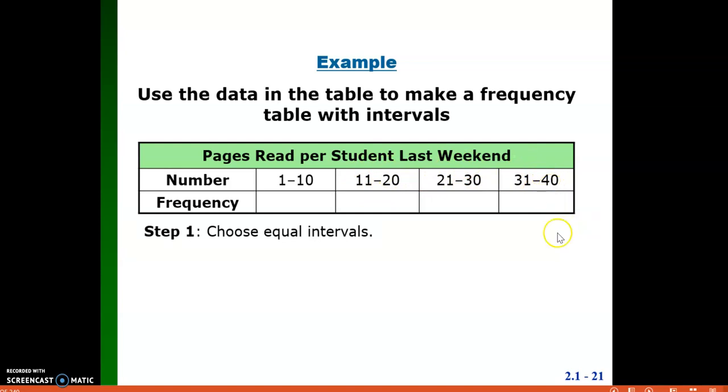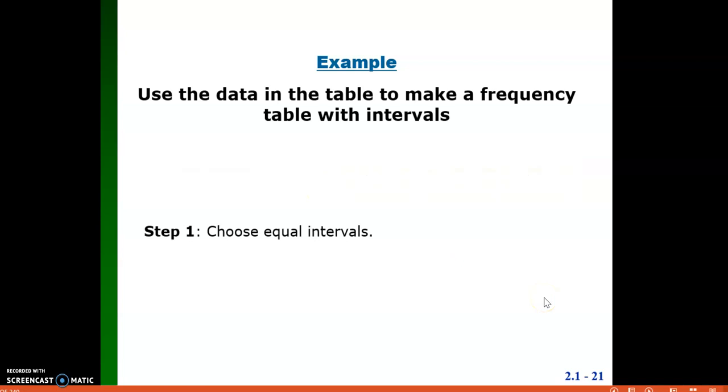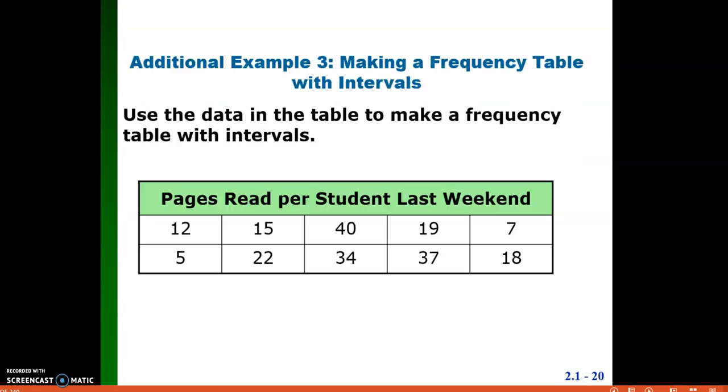We are fine. Next, you go and find out, within the range of 1 to 10, how many values are located. Here you can see 1, 2. Only 2 values are between 1 and 10.